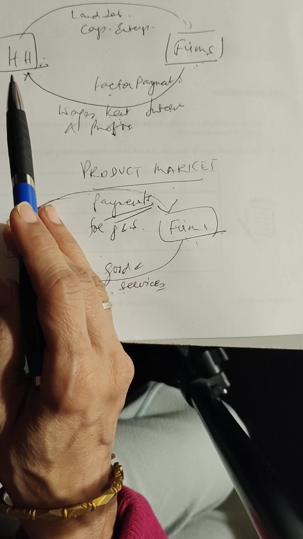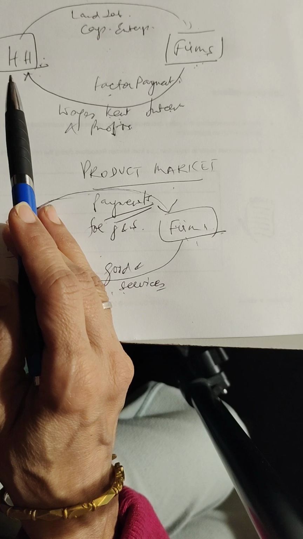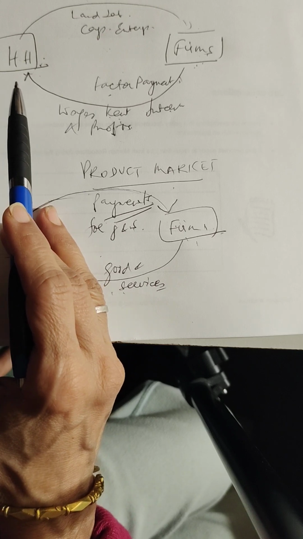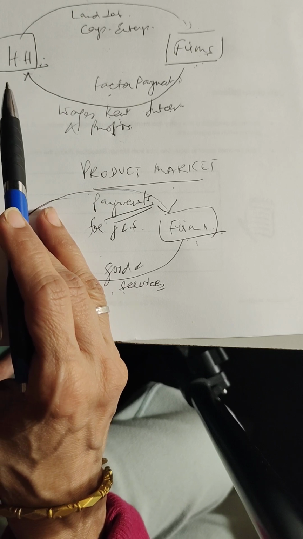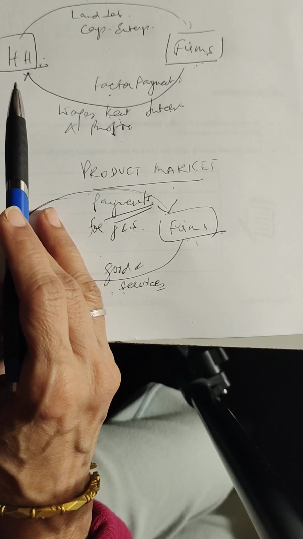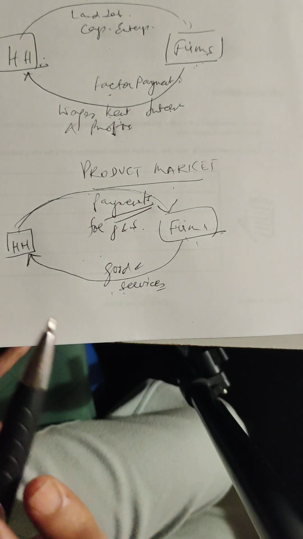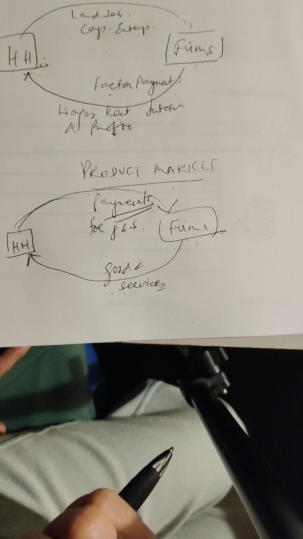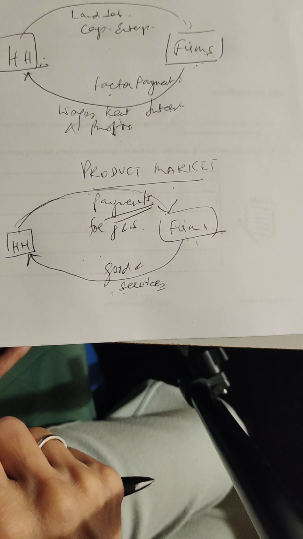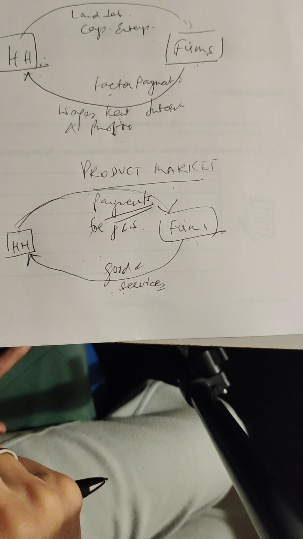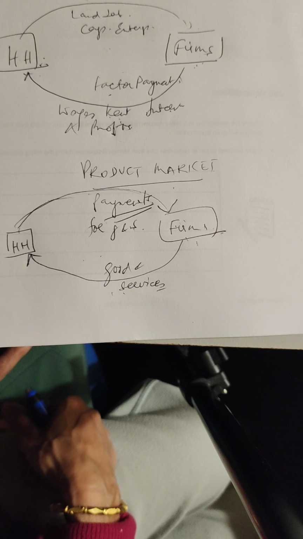And then, of course, you sort of understand what are leakages and what are injections into the economy. And that we're going to do in a different section, maybe in the next class.